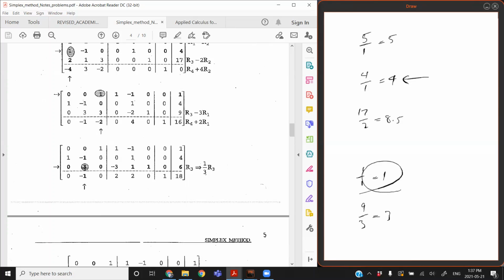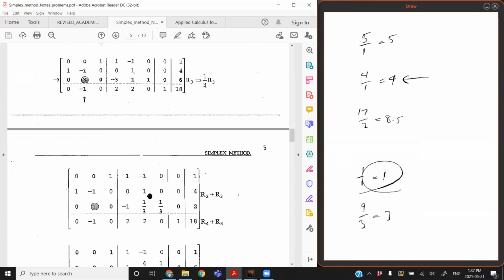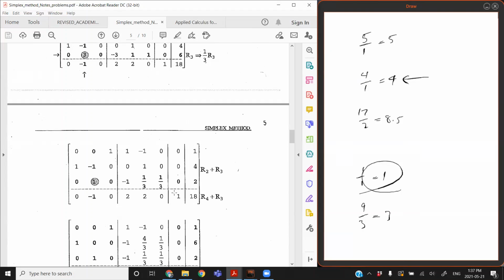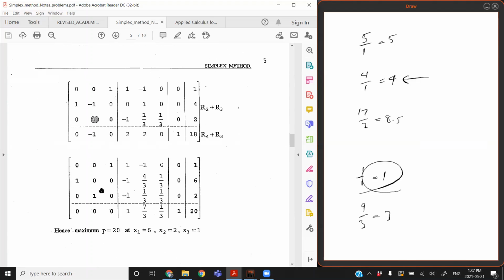It's definitely this position. I need to introduce a 1 there, so I divide this row by 3. I get this. And then in order to introduce zeros above and below, I need to do row 2 plus row 3 and row 4 plus row 3. This will give me the last tableau.